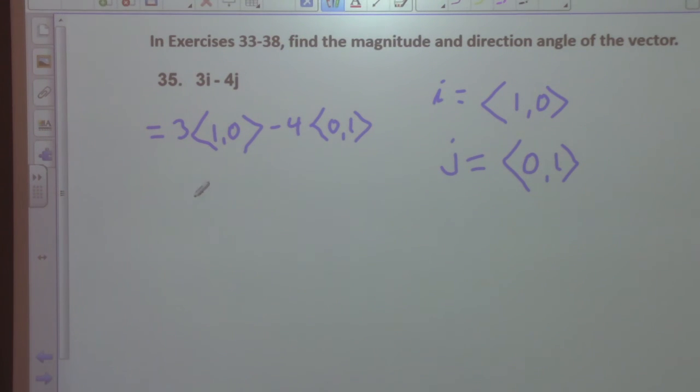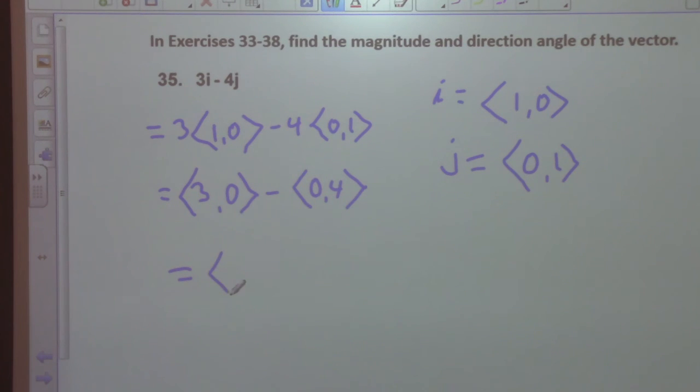And so if you distribute, you get 3, 0, and you have minus 0, 4. And so you add these together.